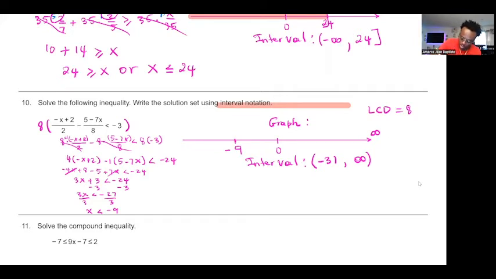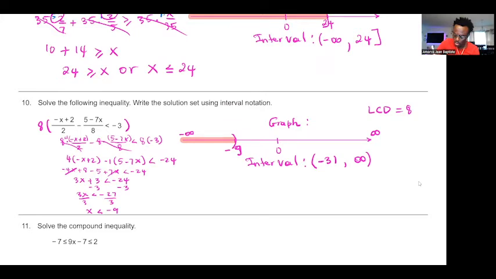So we're going to put a parenthesis looking to the left side because it's less than. And then my solution will start from negative 9 and go all the way to negative infinity. So that's going to be my shaded section of the number line. And that's it for the solution.